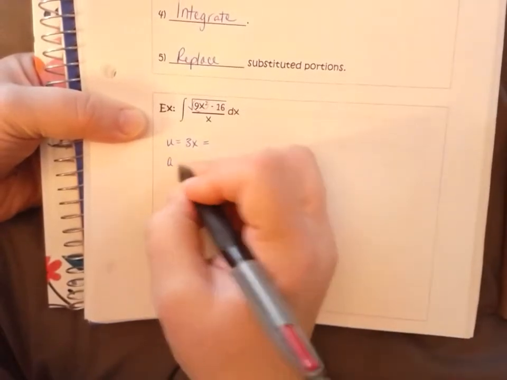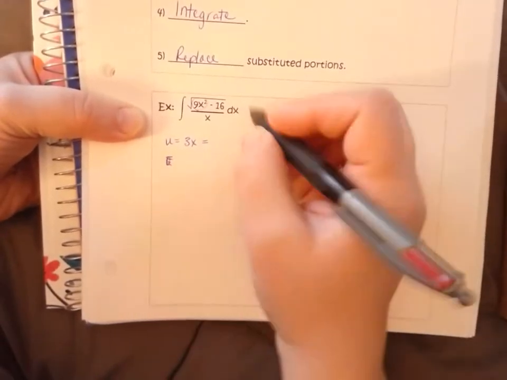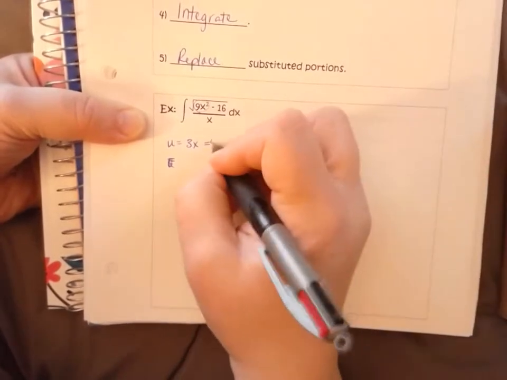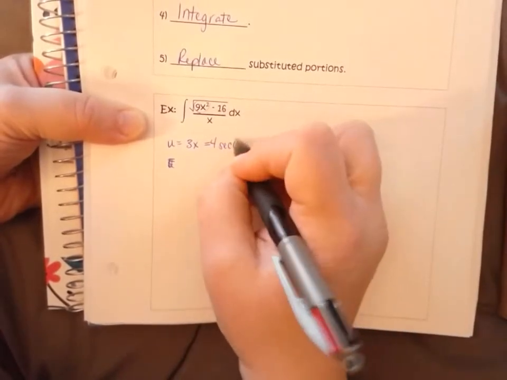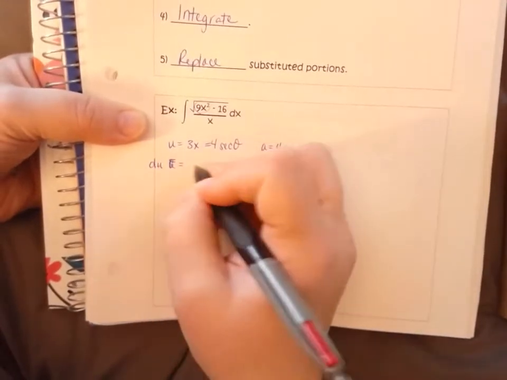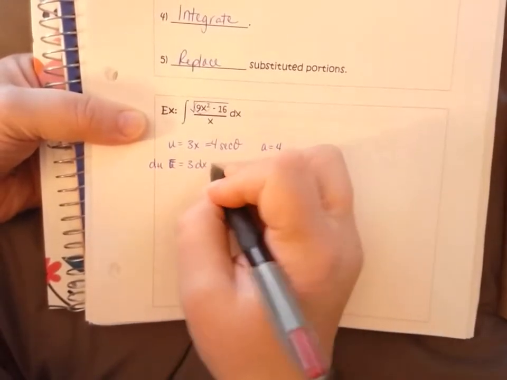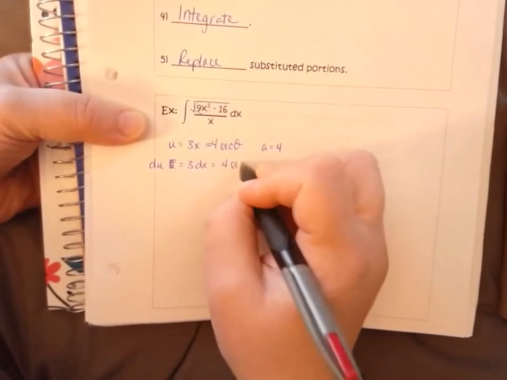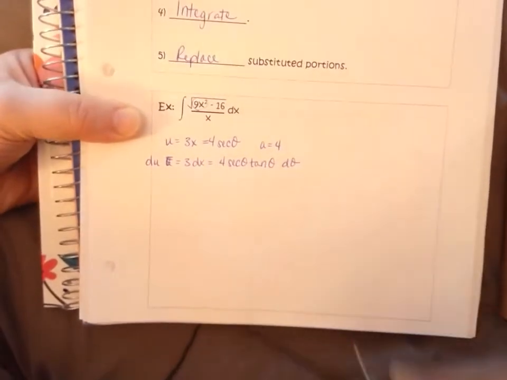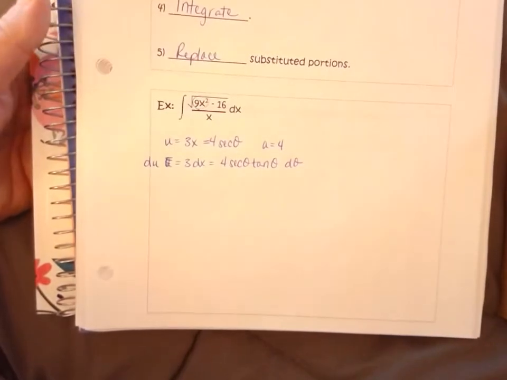Well, a is 4. So 4 secant theta. My du is equal to 3 dx, which is equal to 4 secant theta tan theta d theta. That's a lot. Okay?